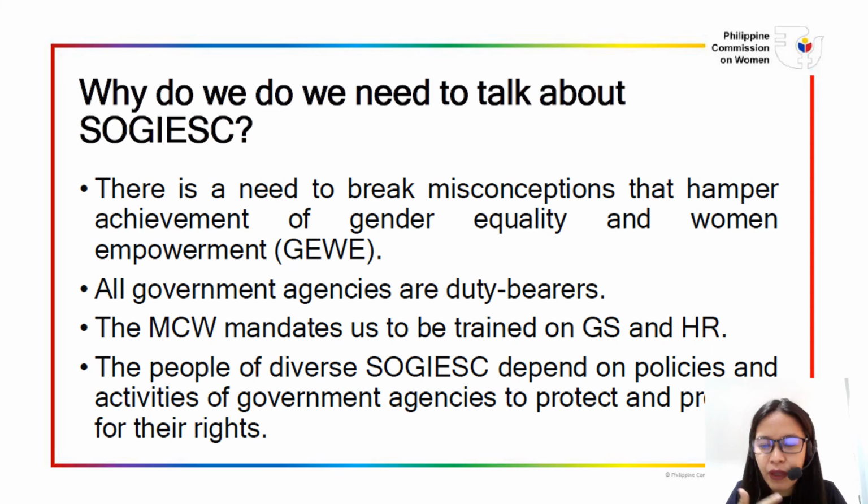Because as a person working in the government, and as a student in public education or public service, we need to understand that it's our responsibility to educate those people who may not know what sexual orientation, gender identity and expression, as well as sex characteristics are, because they've been in the traditional perception that there are only two types of population: a woman and a man.